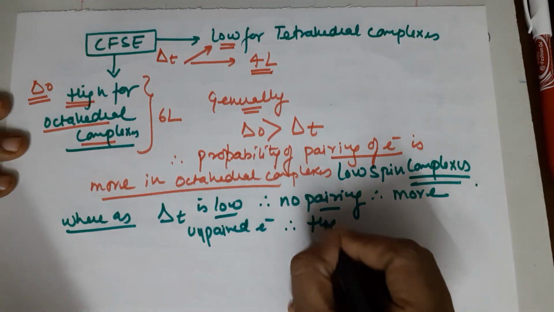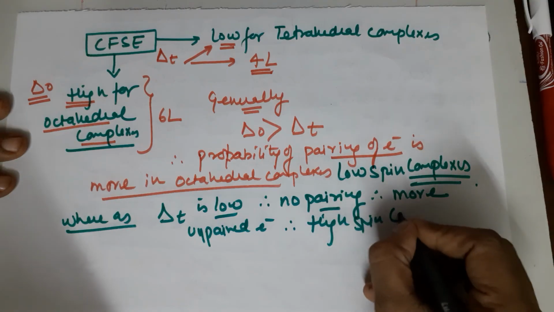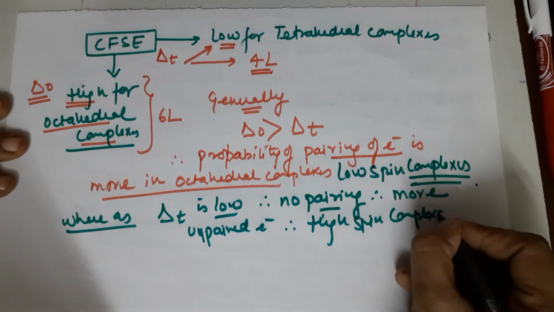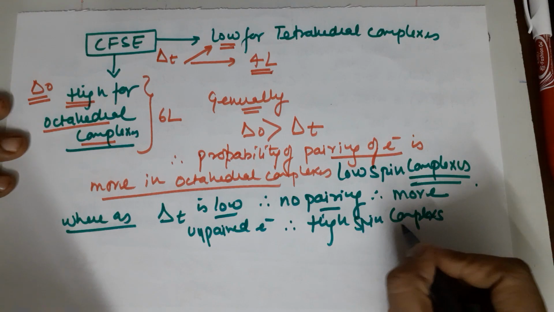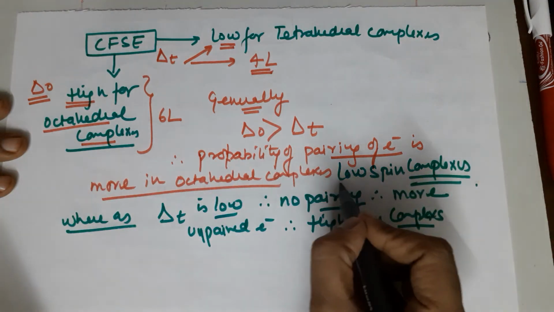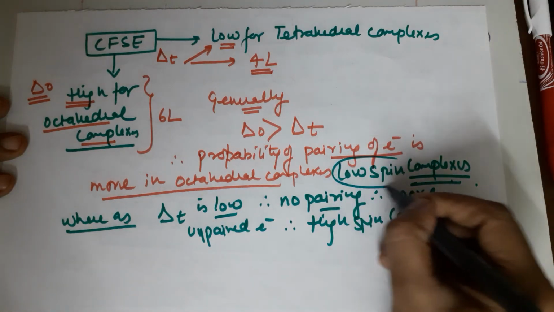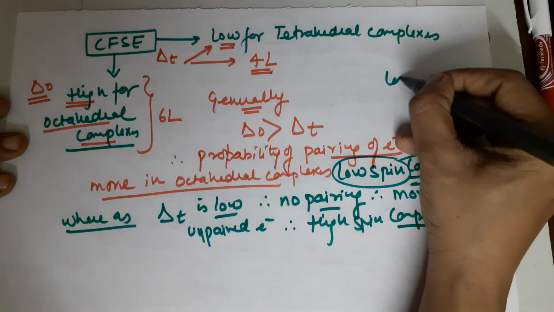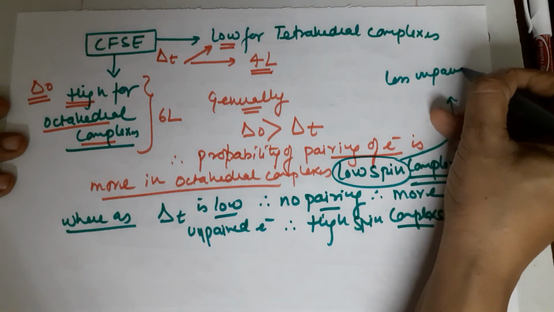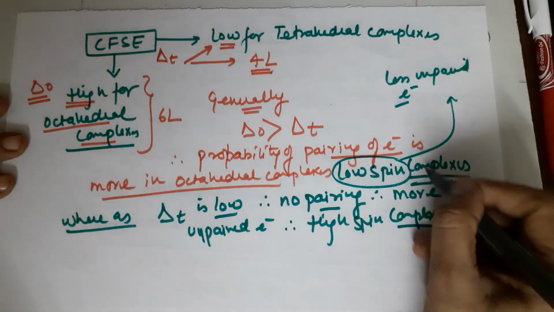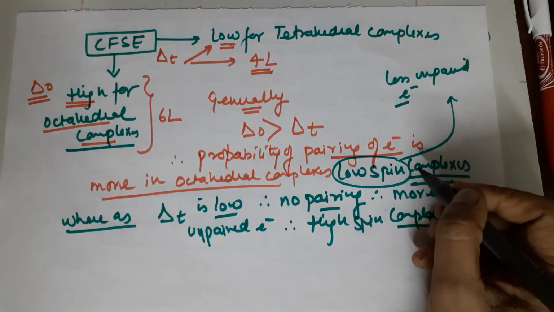Therefore, high spin complexes are found in case of tetrahedral, while in case of octahedral you generally have low spin complexes. Low spin means nothing but less unpaired electrons.